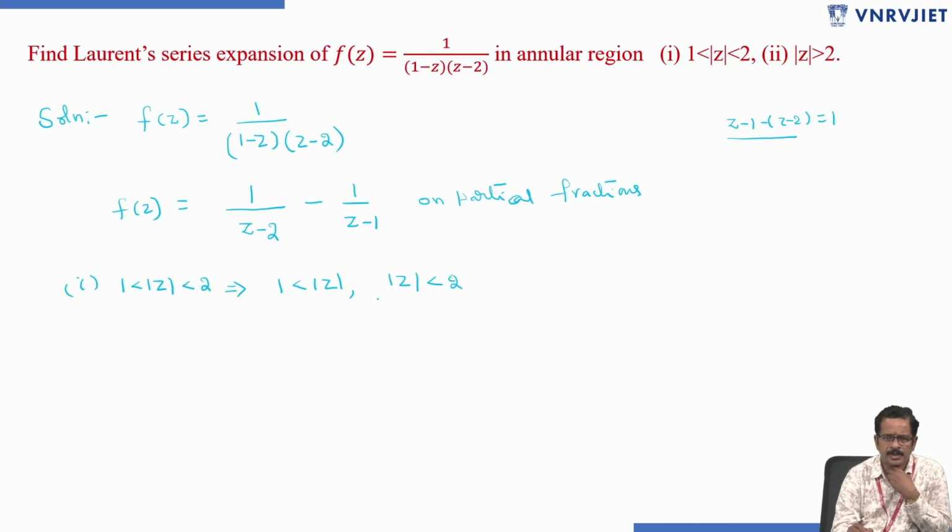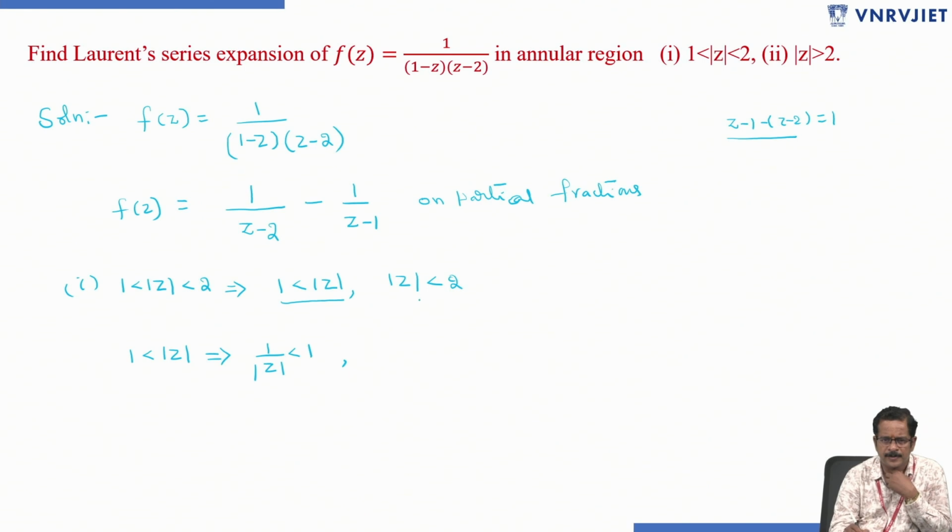From these relations, you try to bring it in the form: 1 less than mod z is nothing but 1 by mod z less than 1, we can write.